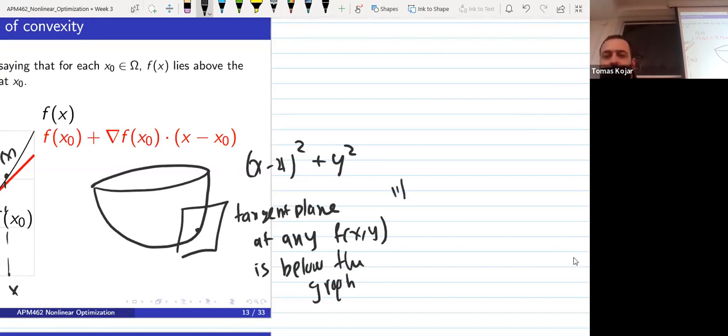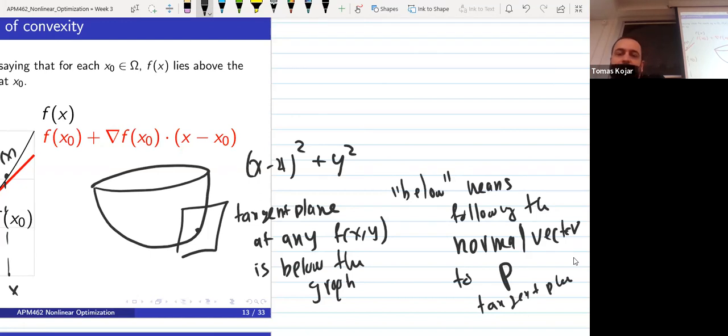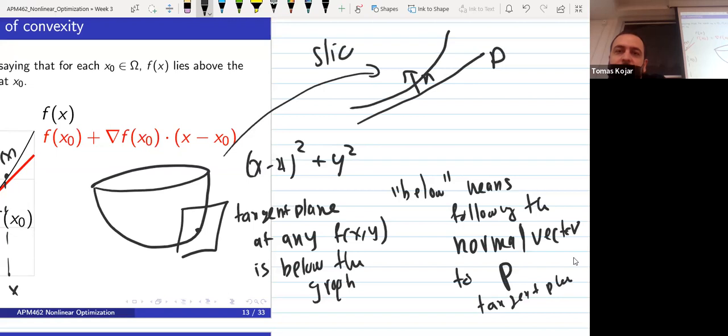So below means following the normal vector to the tangent plane. Let me draw a picture. Suppose you look at it from the side. This is your tangent plane, and this is your normal vector, n. And this is the same slice.